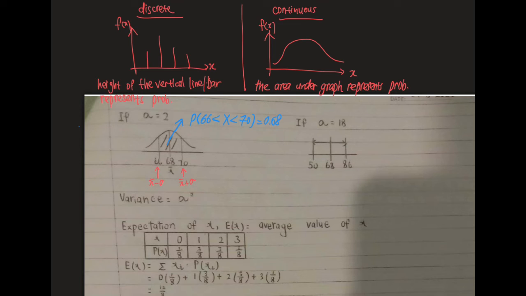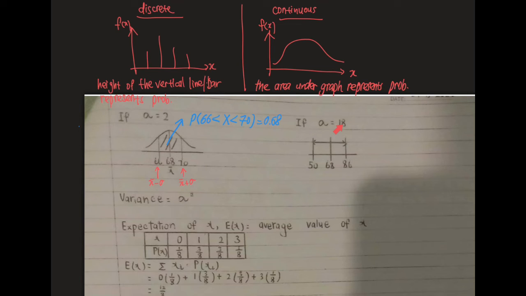Now, your standard deviation can be a different value. For example, standard deviation is 18. In what situation can it be small, in what situation can it be big? I give you an example. How come the standard deviation is 2, and in what situation can the standard deviation be 18?